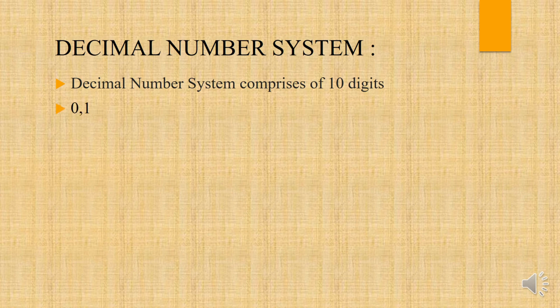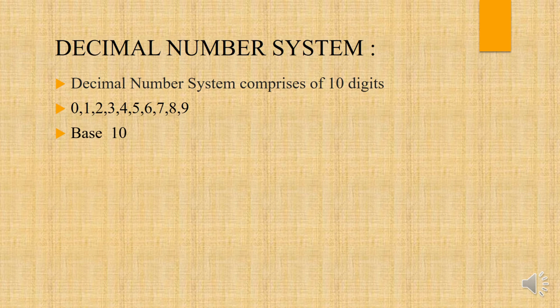So what are those digits? These digits are 0, 1, 2, 3, 4, 5, 6, 7, 8 and 9, right? And the base of the decimal number system is 10, which can be called base 10. Why are we calling it base 10? Because we are using 10 distinct digits here. That is why we can call it a base 10 number system.